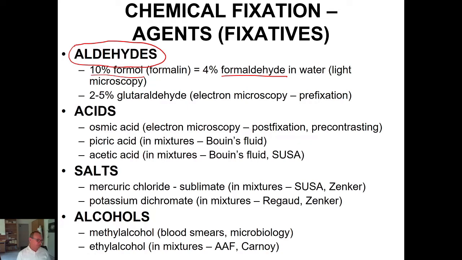But the favorite aldehyde in electron microscopy is another one, which is called glutaraldehyde. Glutaraldehyde is a more complicated molecule than the very simple formaldehyde. It penetrates a little bit slower into the tissue.